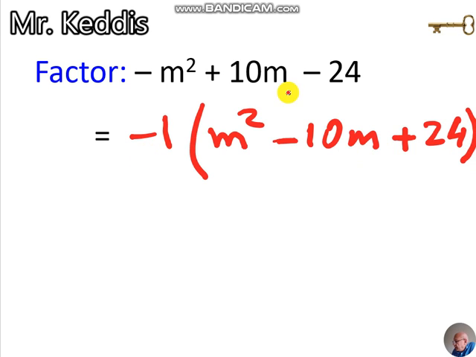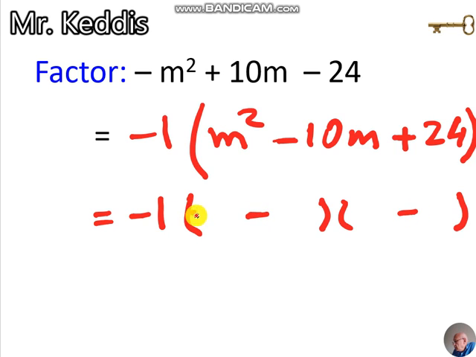Negative times positive, I get negative 24. I factor this trinomial. Means the negative 1 here. The two binomials. The sign is positive, means both signs the same. Both negative, because the middle term is negative. Here is m, here is m. This 24 means 6 and 4.